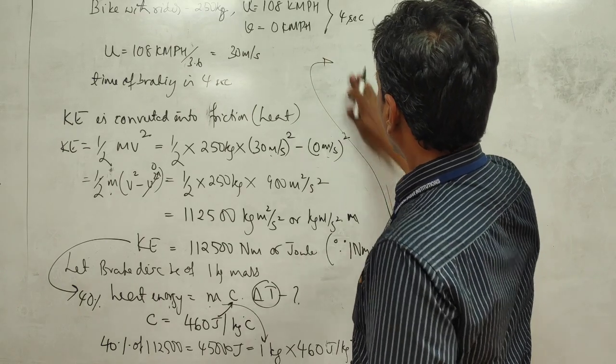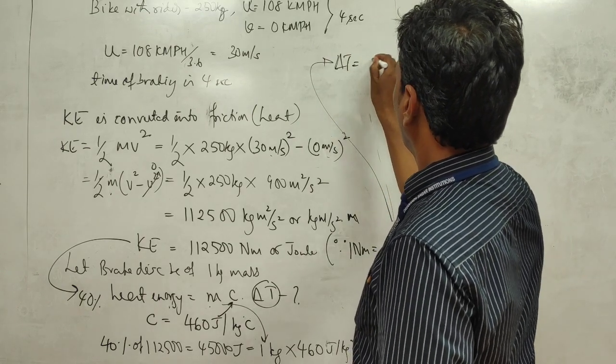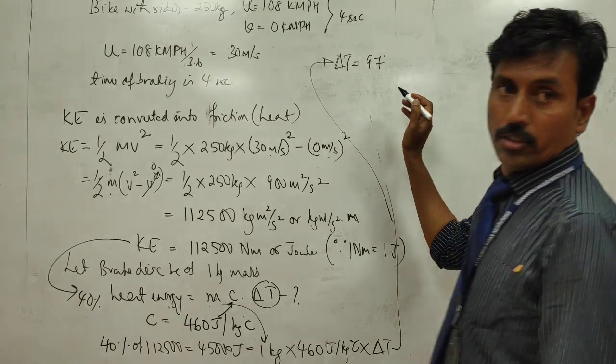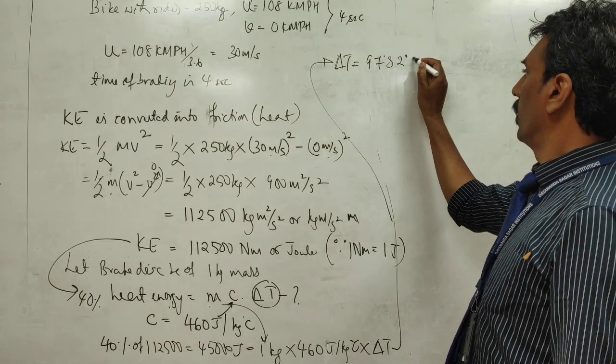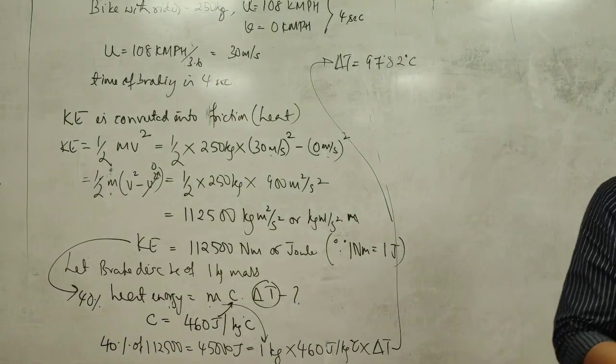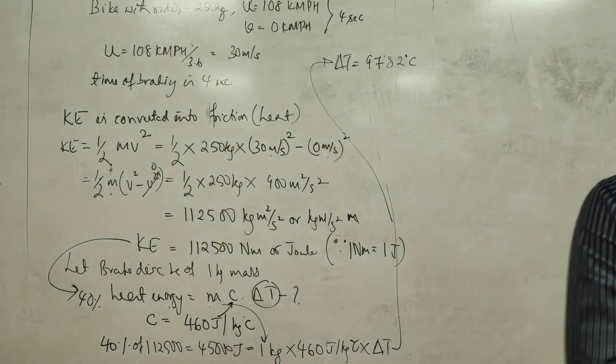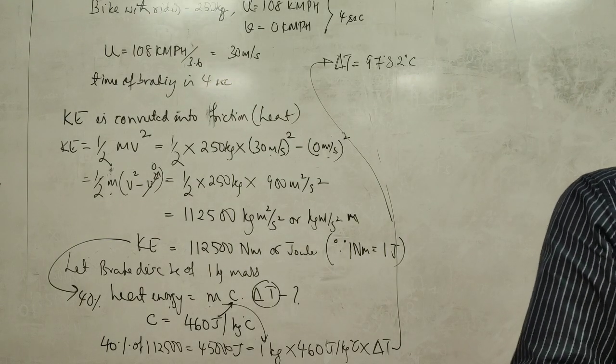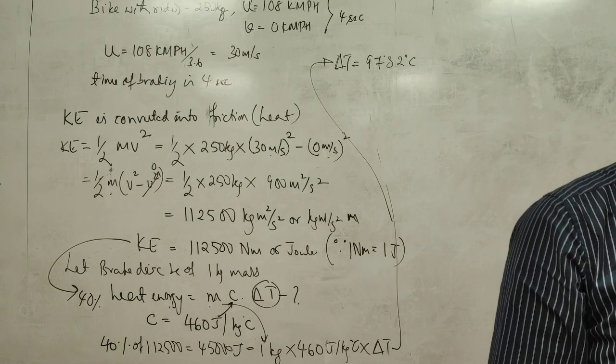Now, what is this delta T? 97.82 degrees centigrade.